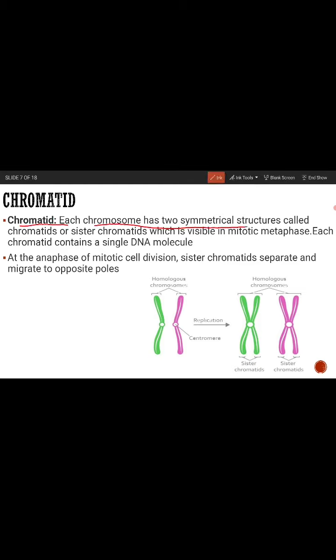Each chromosome has two symmetrical structures called chromatids or sister chromatids, which are visible in mitotic metaphase. Each chromatid contains a single DNA molecule. So this chromatid has one DNA molecule and this has another DNA molecule.